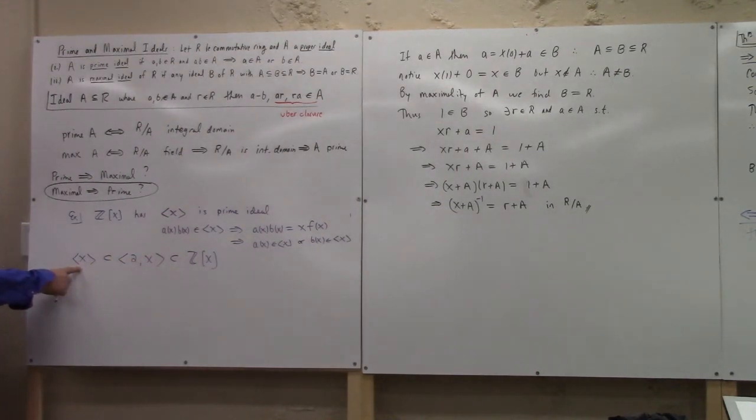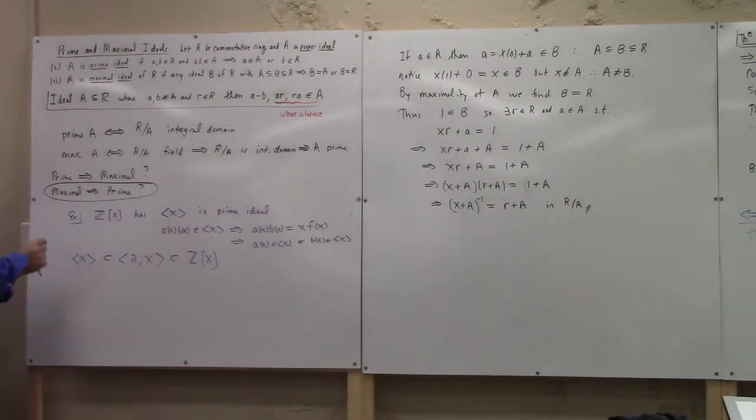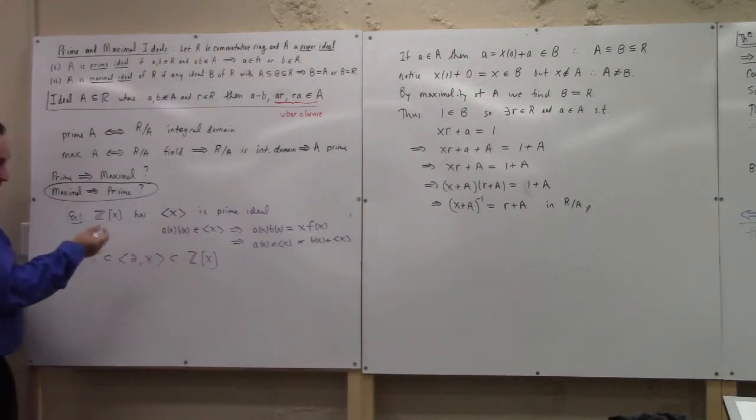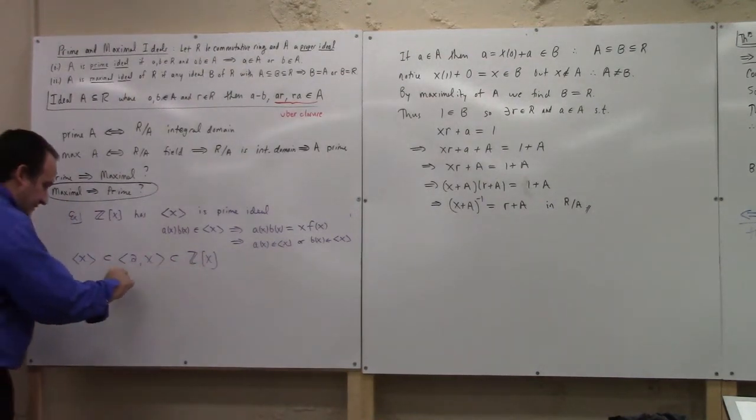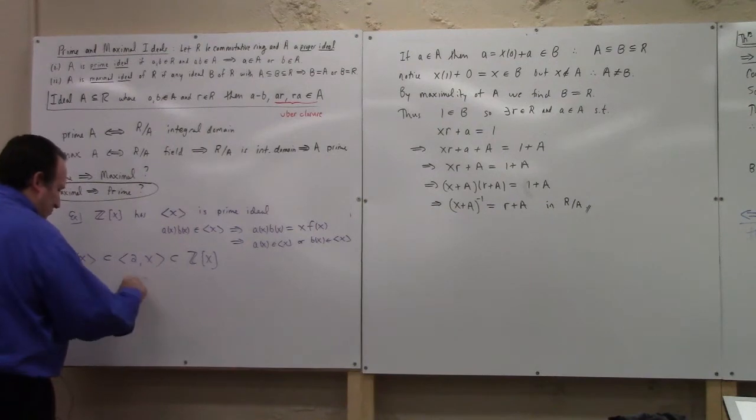All right. Necessarily this does not have all of Z[x] in it. For example, 1 plus x, or just 1. There you go. 1 is not an element of the ideal generated by 2 and x, right?